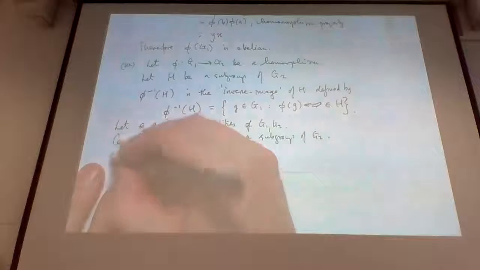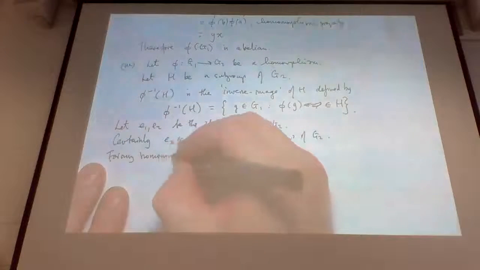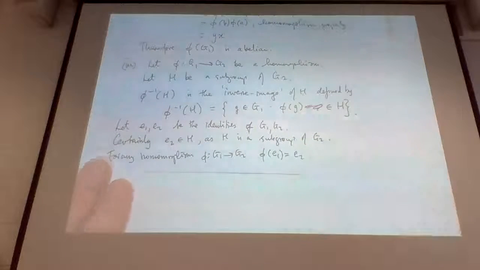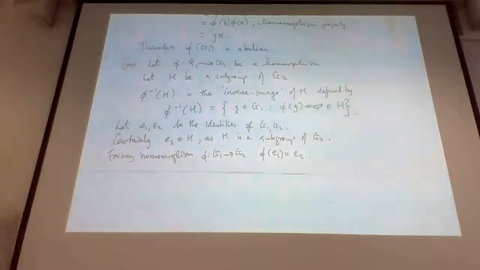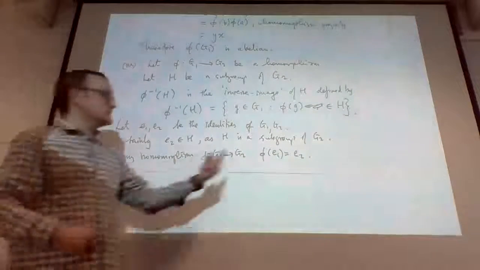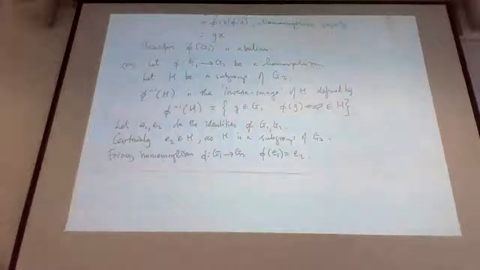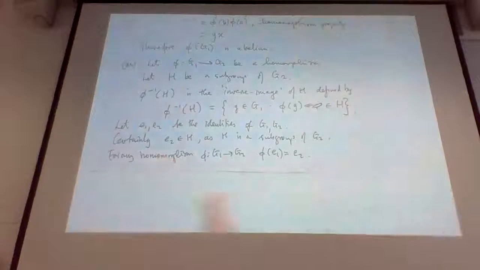Well, for any homomorphism phi from G1 to G2, we know that phi of E1 equals E2. So a homomorphism always maps the identity to the identity. The identity in the domain gets mapped to the identity in the codomain. Now that's one of the things that I may come back and prove separately.